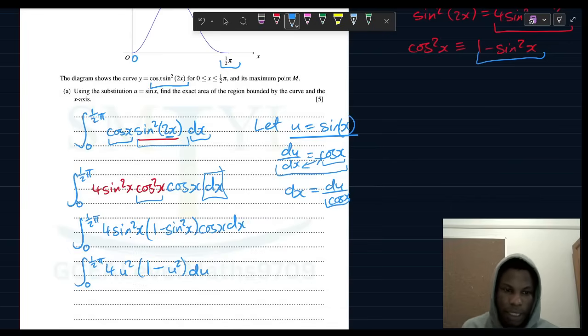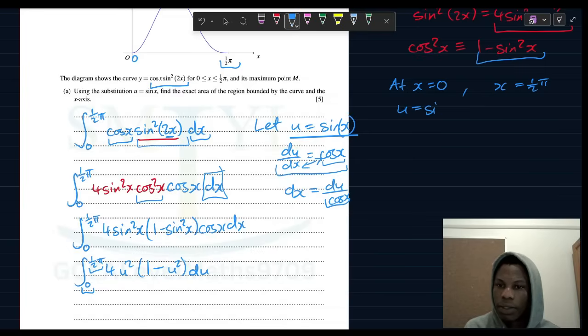But don't forget to also substitute your limits. So we had that x was 0 and x was 1/2 pi. We need to convert this to u. So u is equal to sine x. So u becomes sine 0, u is 0 for the lower limit. So we're still integrating from 0.